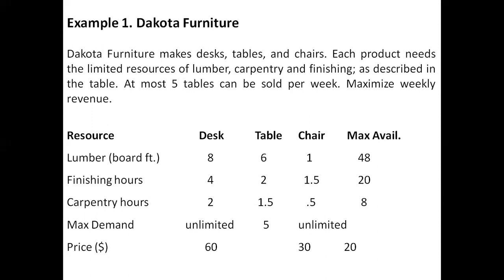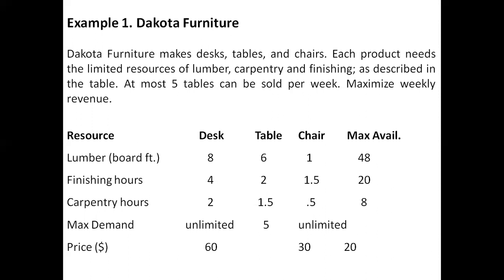So, what are the constraints existing? Lumber, in board feet. 5 tables need to be sold. 5 tables is the demand per week, and we need to see how the manufacturing can satisfy the demand for tables per week.